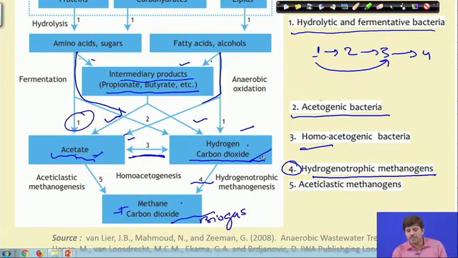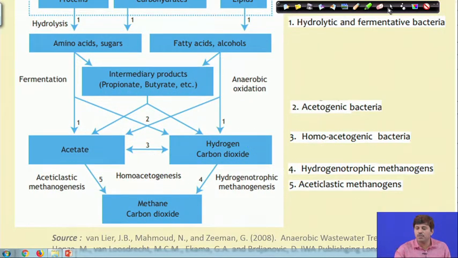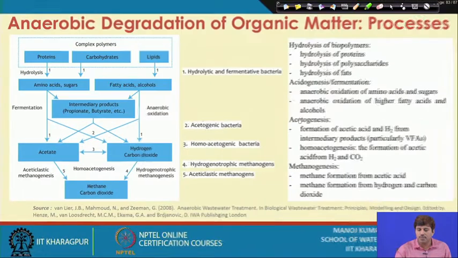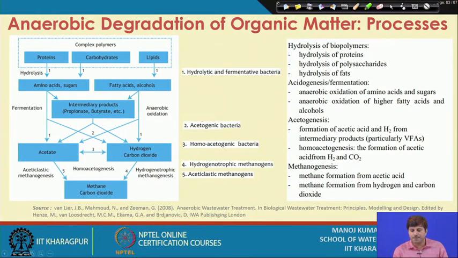Whereas the acetoclastic methanogens, which is number 5, can convert acetate into methane and carbon dioxide. That is another group of bacteria involved, and this is called acetoclastic methanogenesis and this is called hydrogenotrophic methanogenesis. So, we have two different types of methanogenesis involved.